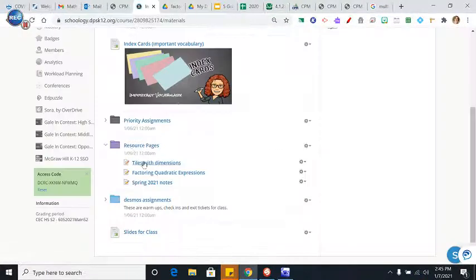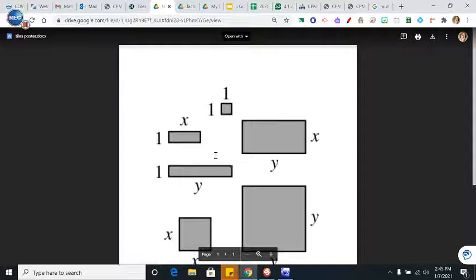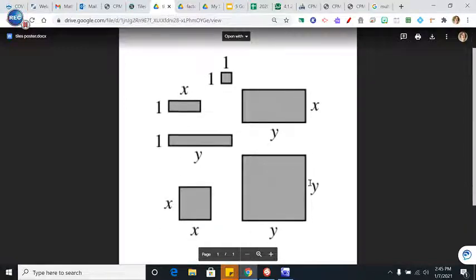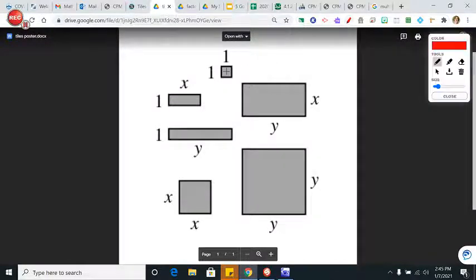So I'll go ahead and do that. Here's all the tiles. It doesn't have the area of each one, but it does have the length and width. You can probably tell which tile is which. This is the X tile, this is the Y tile, this is XY, this is Y squared, this is X squared.